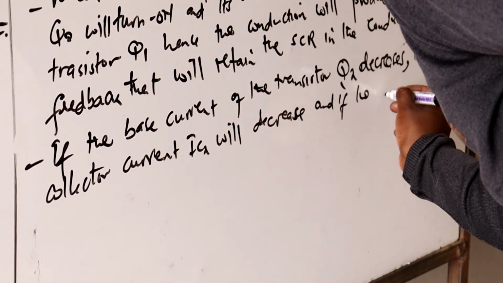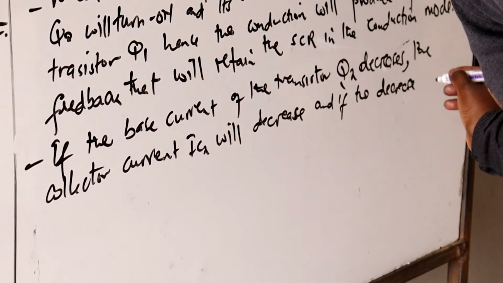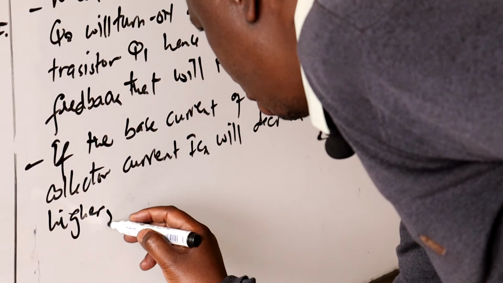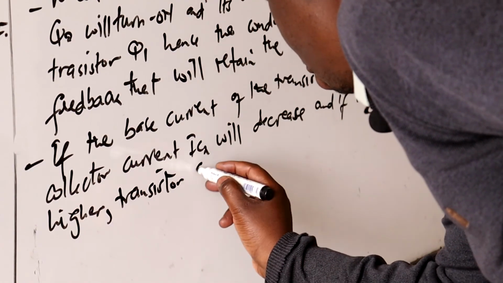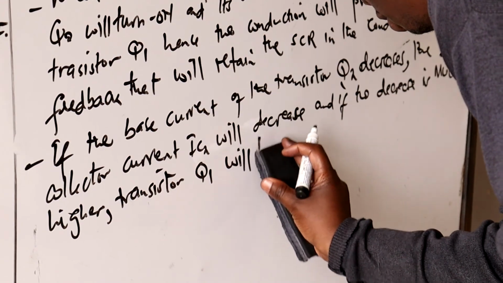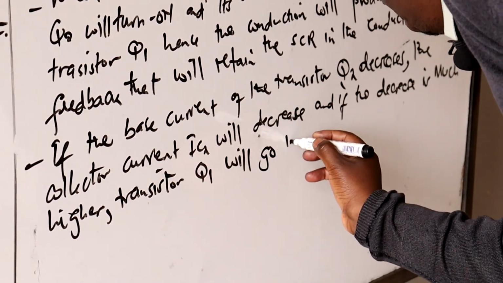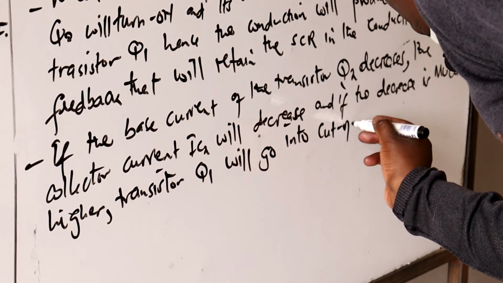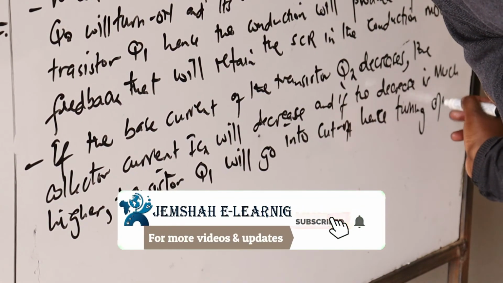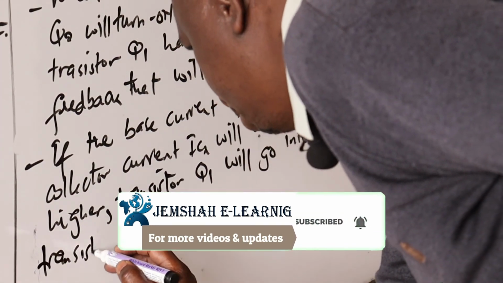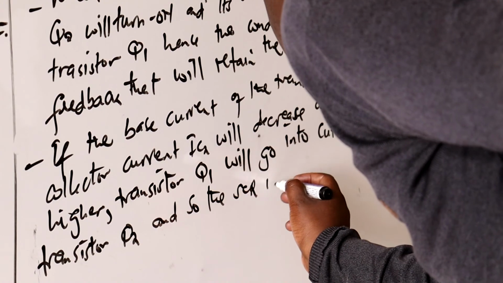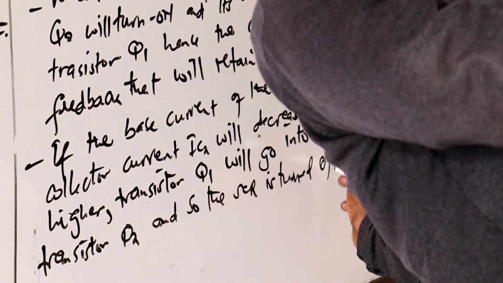And if the decrease is much higher, transistor Q1 will go into cut off, hence turning off transistor Q2. And so the SCR is turned off.